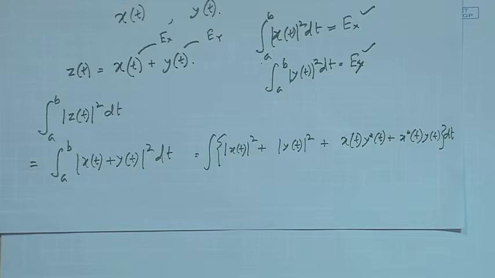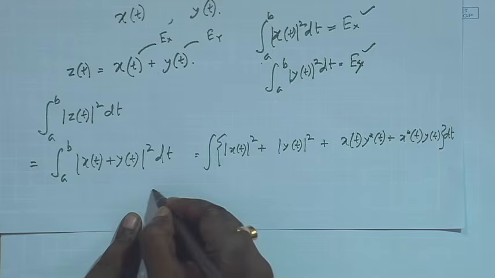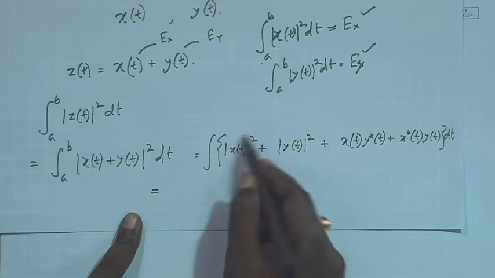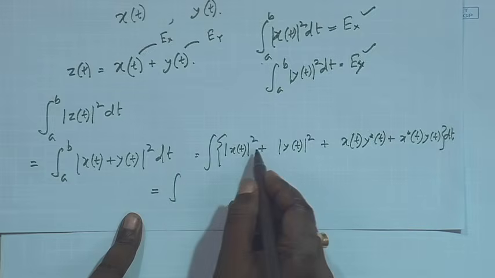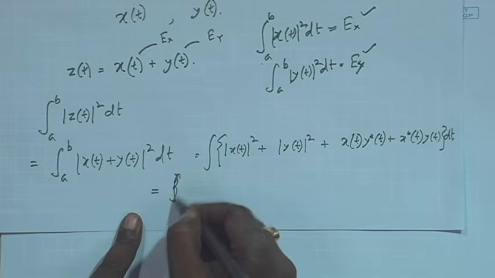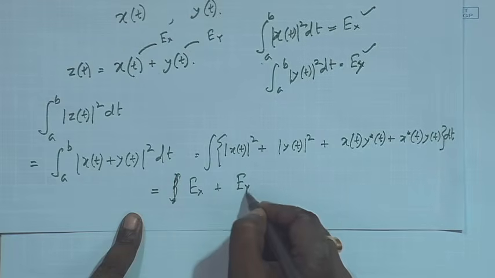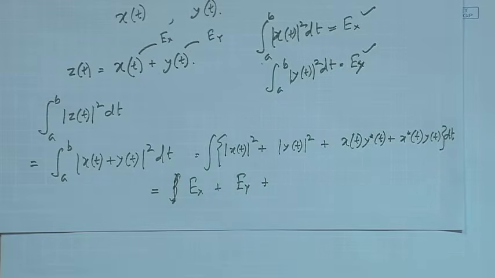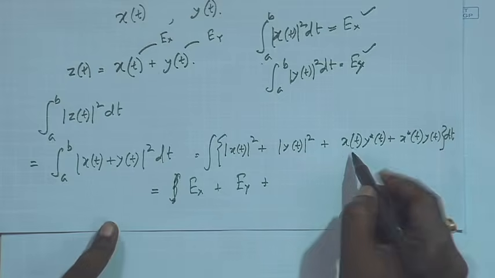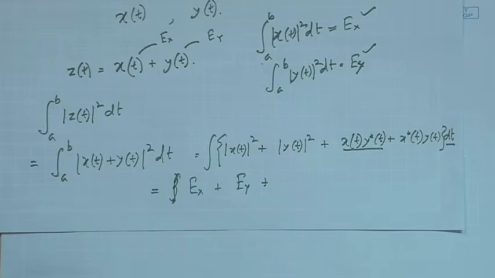Now, you can see this particular part, the integral of |x(t)|² dt, is actually Ex for us. This part is Ey for us. Now, orthogonality plays a big role. What is the integration over that period as long as x(t) and y(t) are orthogonal signals? We know that term should be 0. That is the property of orthogonality.